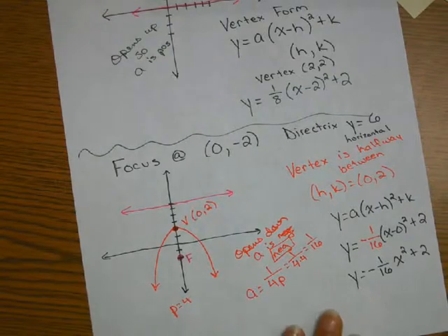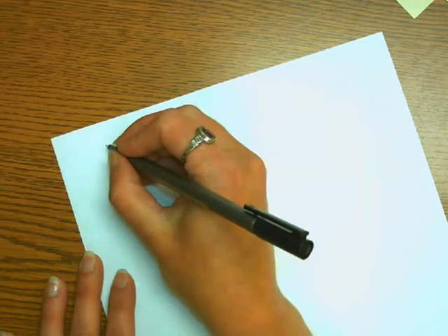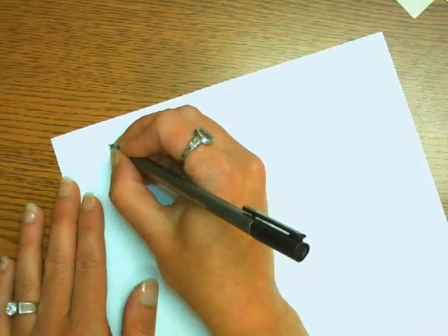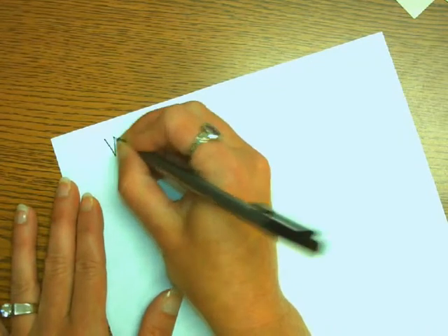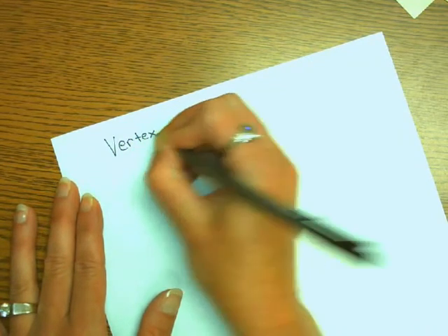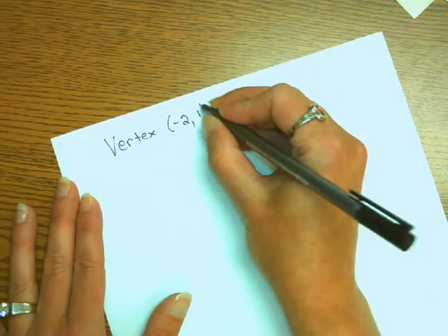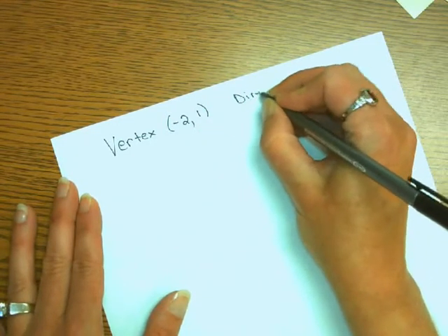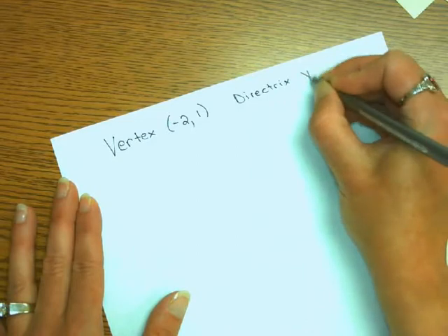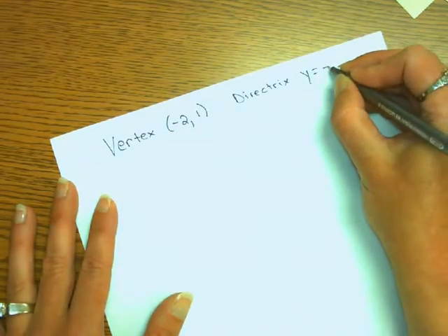Let's try another one. What if, so let's see, we did a focus and a directrix. What if we had, I don't know, a vertex and a directrix? And then the directrix was at y equals negative 5.